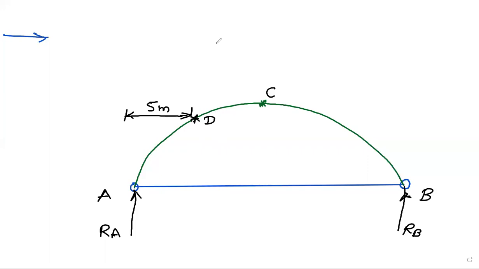Then at C, rise is 2 meter. L is equal to 20 meter.